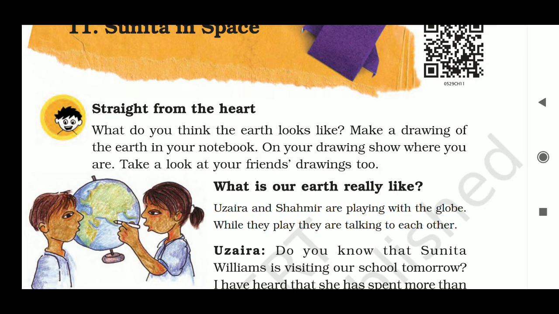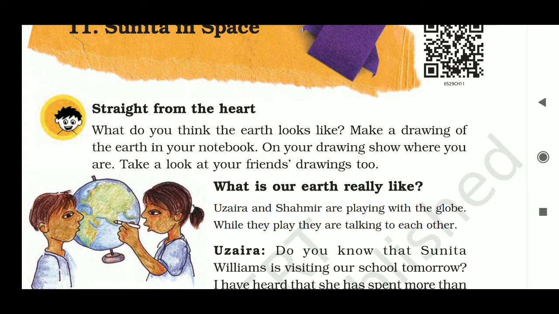Take a look at your friends' drawings too. You can compare with the drawings of your friends, and you will find a similar kind of shape, which we call a sphere.